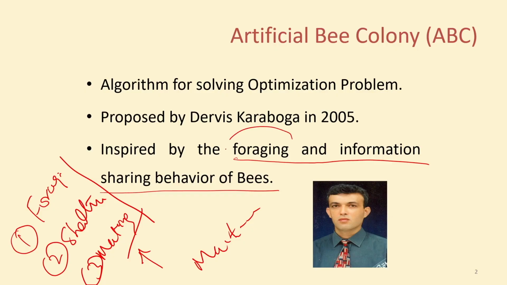So, the artificial bee colony algorithm draws its inspiration from the bees' foraging behavior, how bees collect honey from flowers and how the hive is constructed. During that honey collecting process some information is shared: where more honey is available, in which direction all other bees should go. In that way the optimization algorithm is designed.